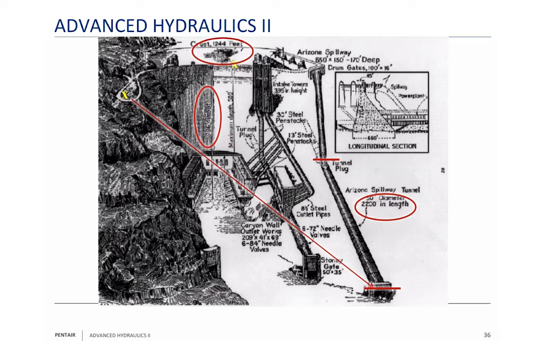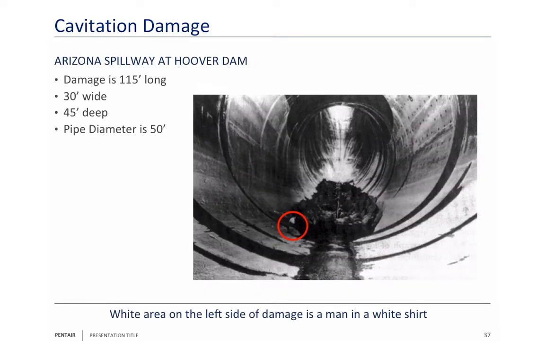How come rocks are coming out of it? The engineer realizes immediately that there's a problem. Goes to the control tower and says, we have to stop the experiment. It takes them 4.5 hours to get those spillway doors back up and closed. And in that 4.5 hours, the cavitation damage is 115 feet long, 30 feet wide, 45 foot deep.